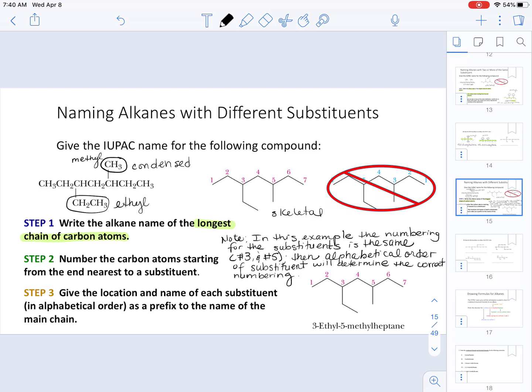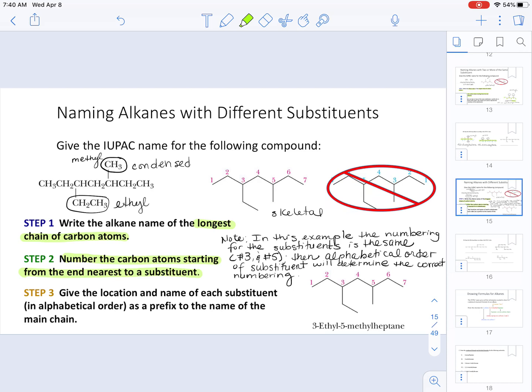Again, this is very special for this example. In general, this is not going to be your first rule. The first rule always is numbering the carbon atoms starting from the end that is nearest a substituent.